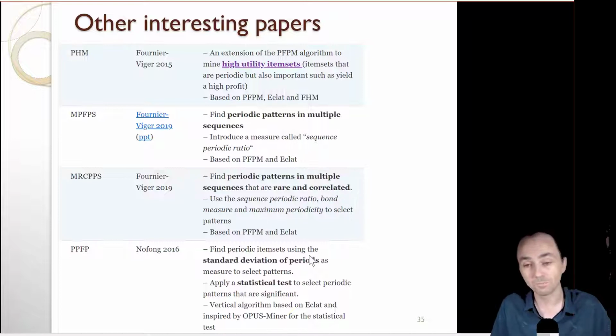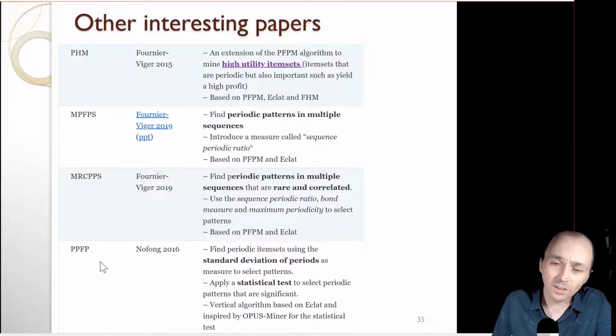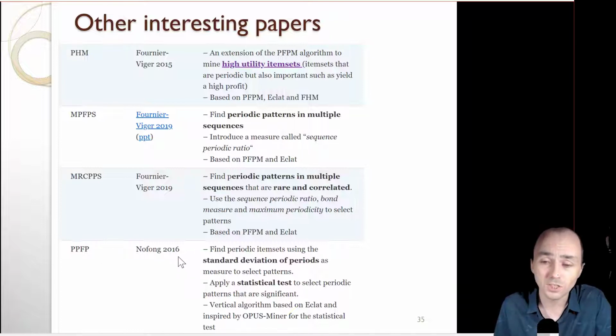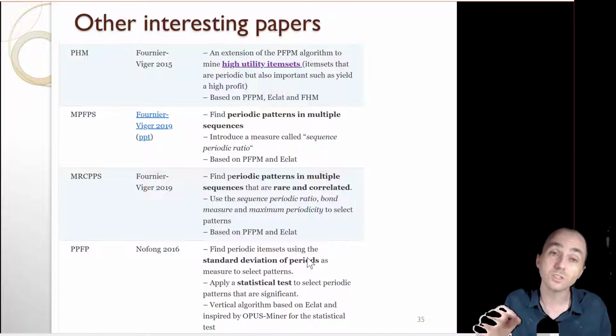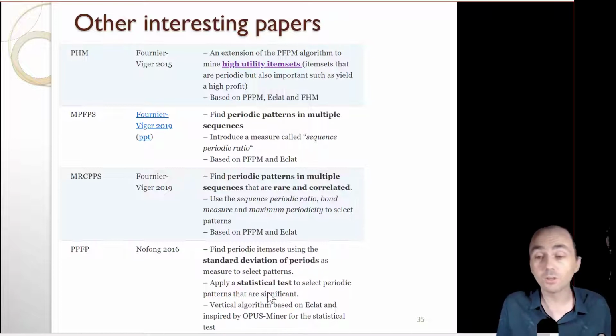There is another interesting paper by Nofong in 2016, where instead of the average, they use the standard deviation of the period. So this is another measure. But not only this, they also use a statistical test.